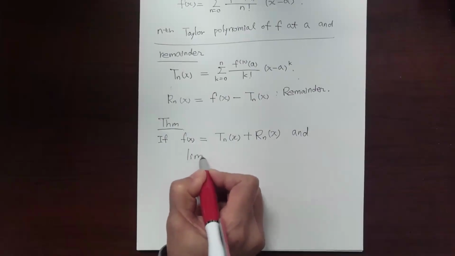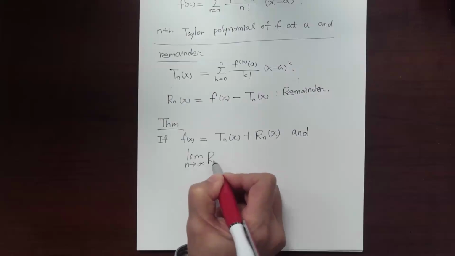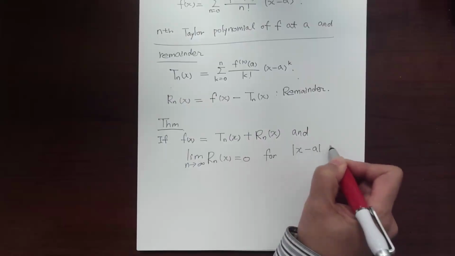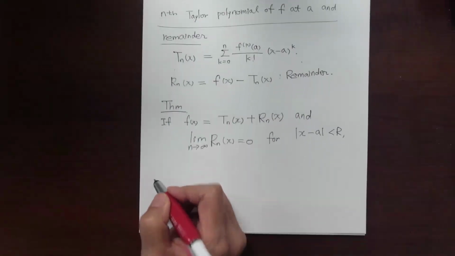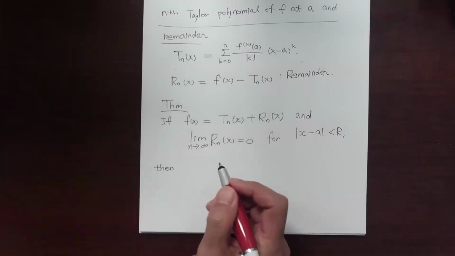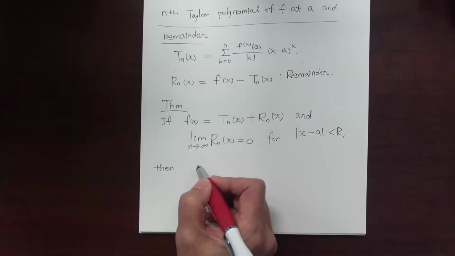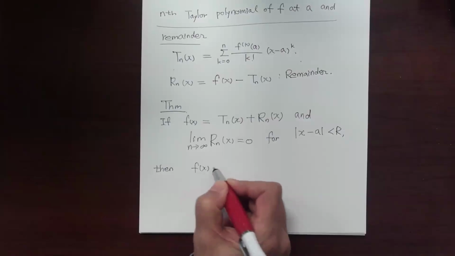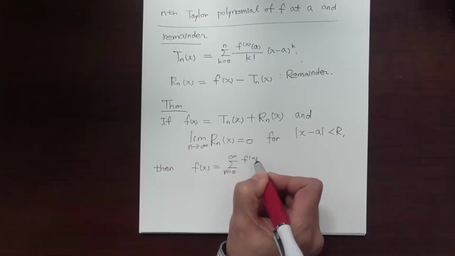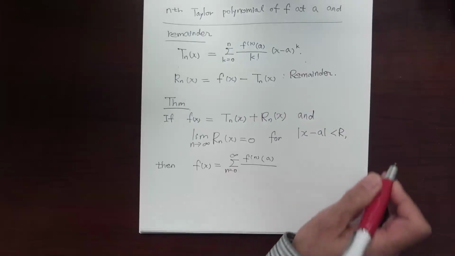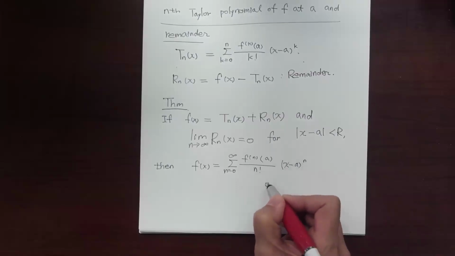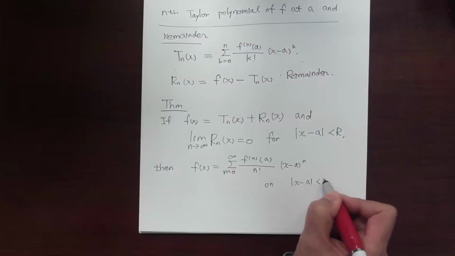And the limit as n goes to infinity of R sub n of x equals 0, for absolute value of x minus a less than R. So within the radius of convergence, then f of x can be written as a Taylor series like this on absolute value of x minus a less than R.